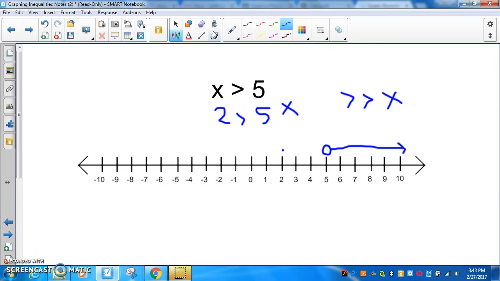So, I messed that up. 7 is greater than 5. And if 7 is greater than 5, I should draw this arrow in the direction of 7, because it's true. In fact, all these points are true, and that's why I have a line over here, because it's just the combination of all these points that are greater than 5 combined to make a solid line.